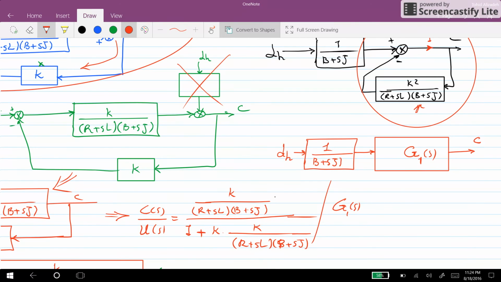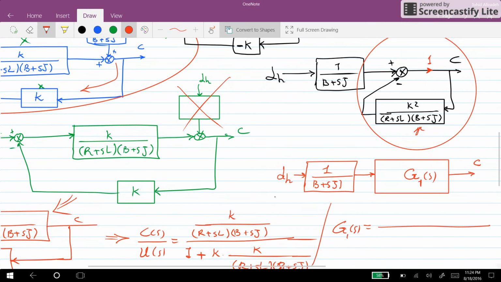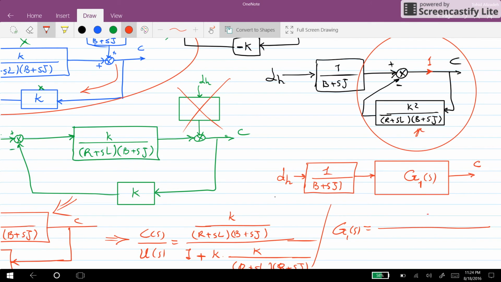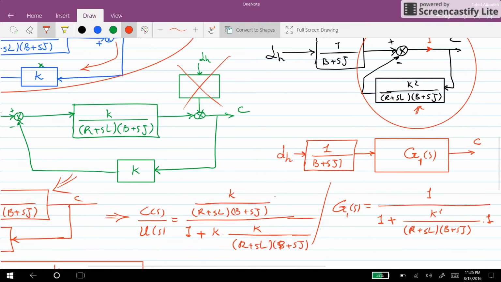G1 is given by, so if you have a look here, it will be 1 over 1 plus the transfer function in the feedback, k squared over r plus sl times b plus sj, times the transfer function in the feed forward pass, which is 1.